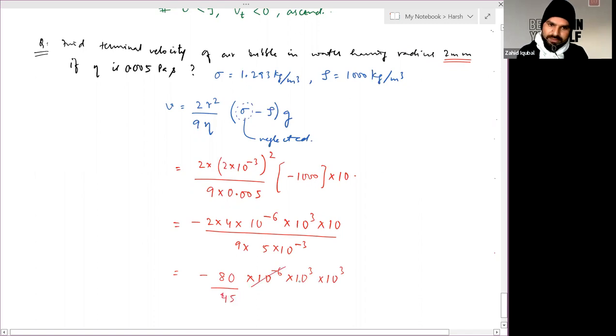This part and this part will cancel out. So you're left with 80 by 45, or simplify it, 5 into 16 and 5 into 9. So 16 by 9, which is about 1.777 meter per second.